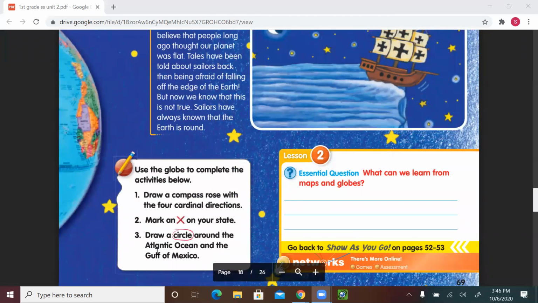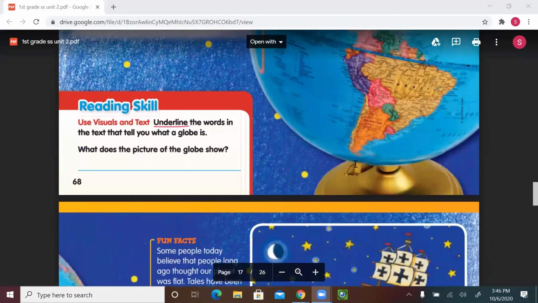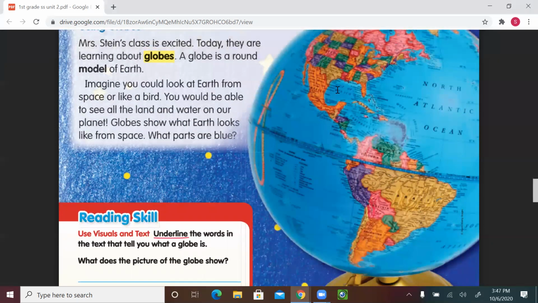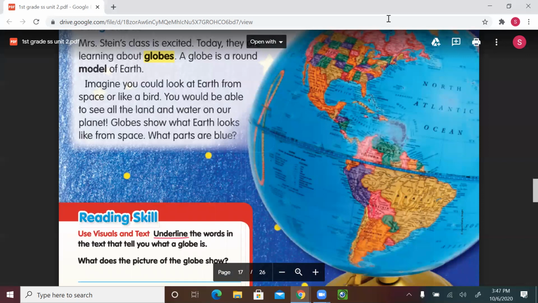Draw a circle around the Atlantic Ocean and the Gulf of Mexico. So up here, this is the Atlantic Ocean, so we need to circle this. And then over here, let me see. Let me use a different color. You use red.